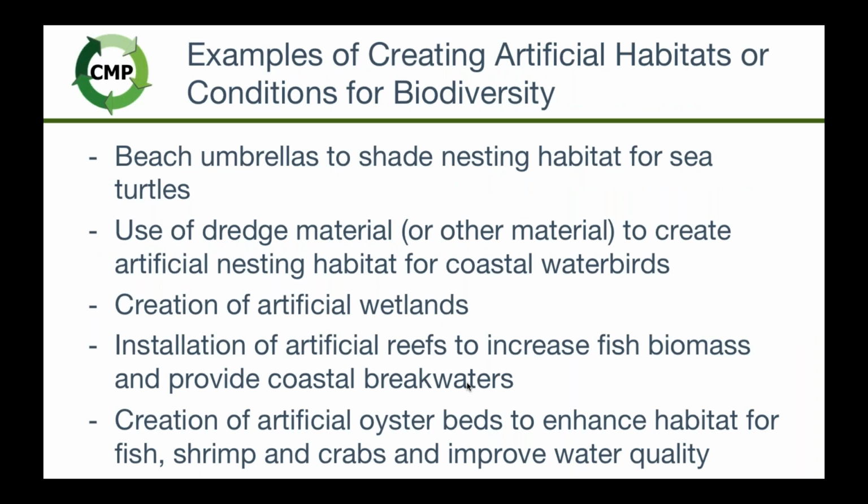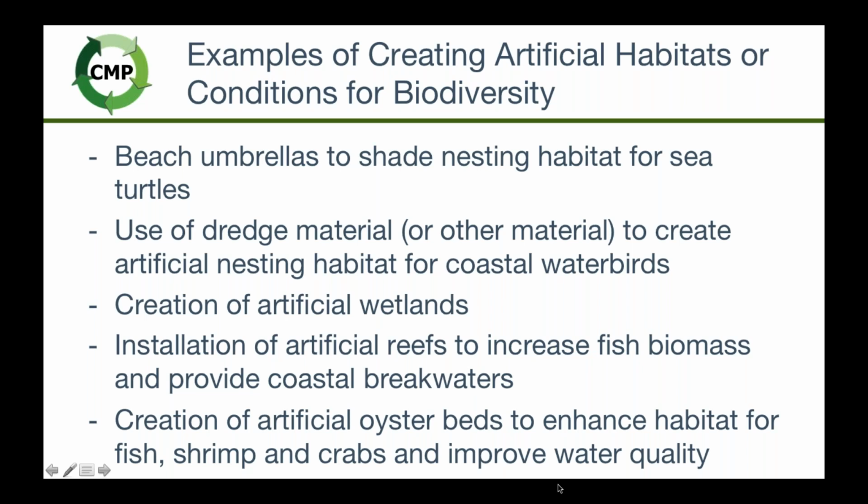So a few examples that we brainstormed of creation of artificial habitats or conditions include using beach umbrellas to shade nesting habitat for sea turtles, using dredge material or other materials to create artificial nesting habitat for coastal water birds, creating artificial wetlands, installing artificial reefs to increase fish biomass, as I mentioned in that previous example, which also can provide coastal breakwaters, or creating artificial oyster beds to enhance habitat for fish, shrimp, crabs, and improving water quality.